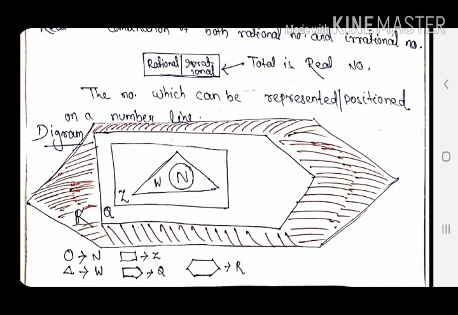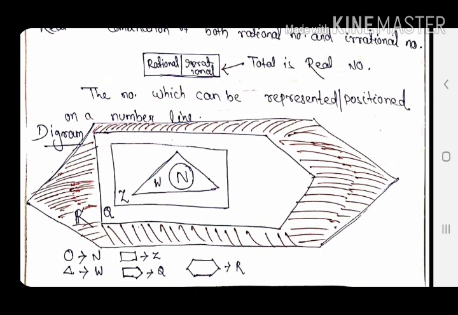The next is Z. Here Z means the integers. The circle is here, which is natural numbers, the positive numbers, and all the negative numbers, the negatives of natural numbers, along with 0. 0 means inside the triangle W is there. So inside the triangle there are the positives as well as 0.